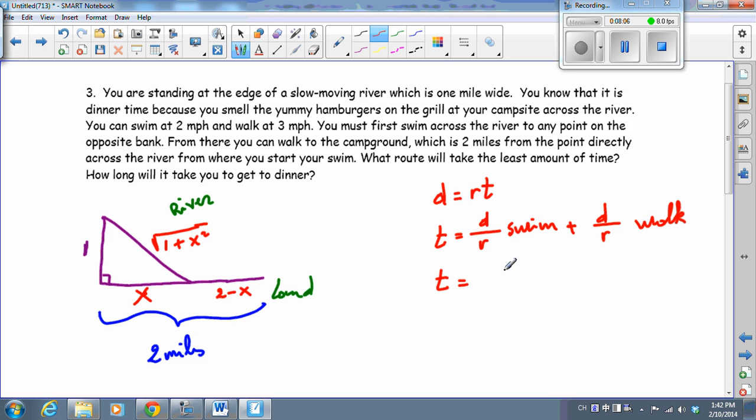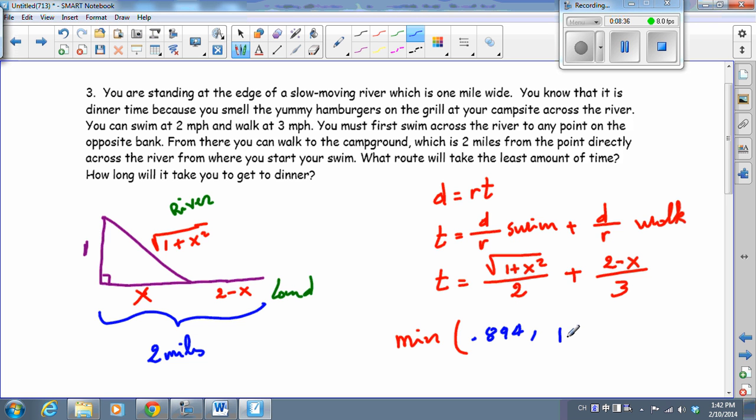For the swimming, he swims a distance of square root of 1 plus x squared. How long does it take? 2 miles per hour, so the rate is 2, plus the distance on the other one is 2 minus x, and the rate here is 3. Using my calculator, I will go ahead and find the minimum of this, and the minimum will be at 0.894, 1.039.